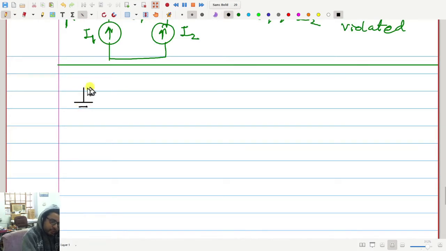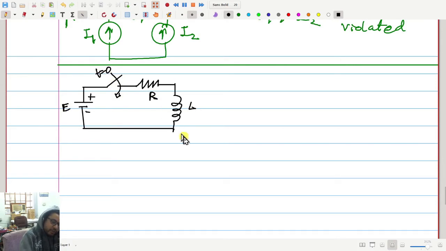In our last class we also saw a circuit like this: L, R, E, with the switch closed at t equal to 0, and then we found how much this current will be as a function of time and how much this voltage, call it VL, will be as a function of time.